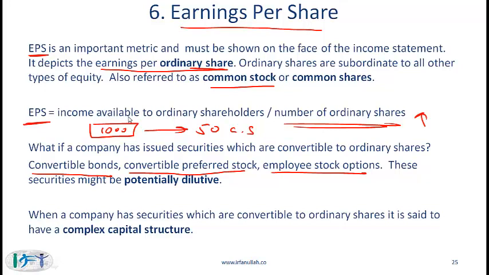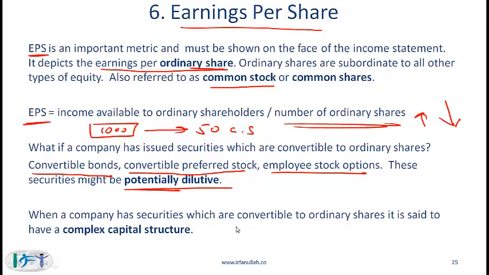But there is a chance that because of the increase in the denominator, the EPS is reduced or diluted. If this can happen, then we say that these securities are potentially dilutive. We say potentially dilutive because occasionally the impact of a particular convertible security might actually be anti-dilutive, which we will see later.